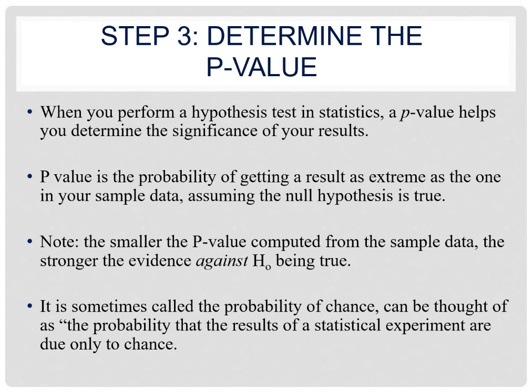But the question becomes, for the p-value, is 18 far enough below 20 for us to say, you know what, if I'm getting 18, that's pretty far below the assumed average. So the average probably isn't 20.